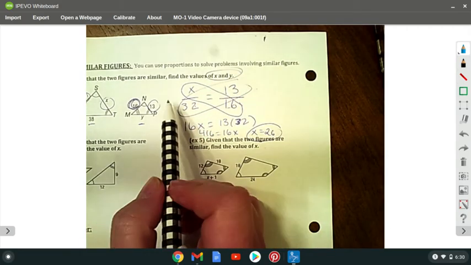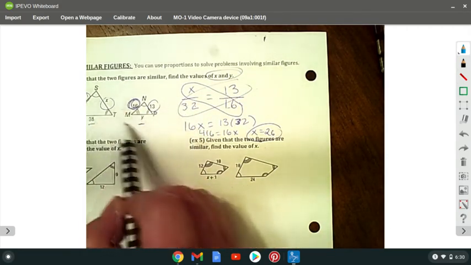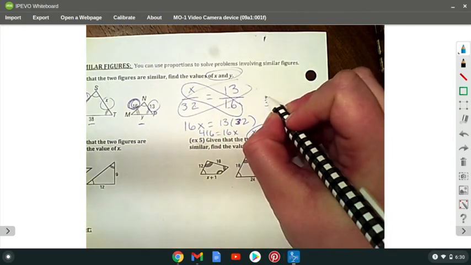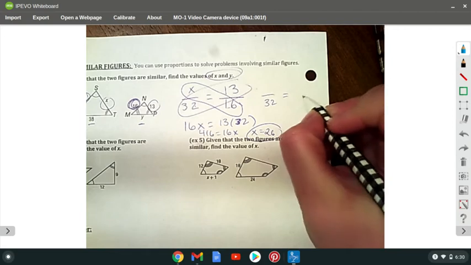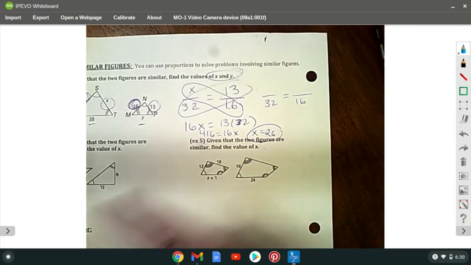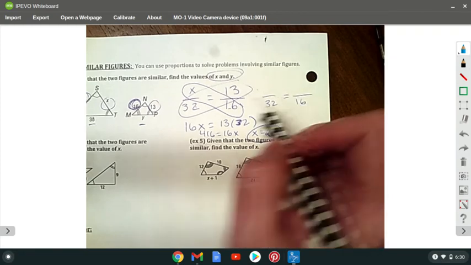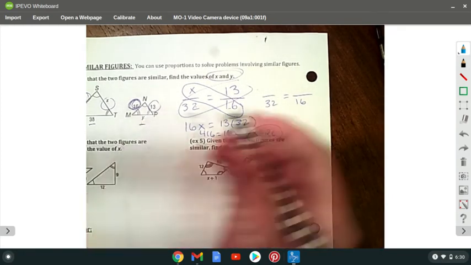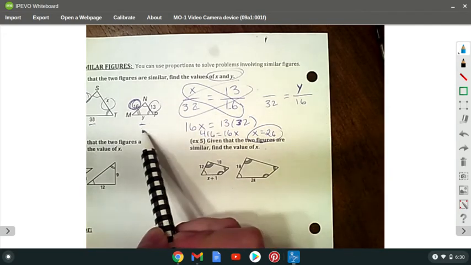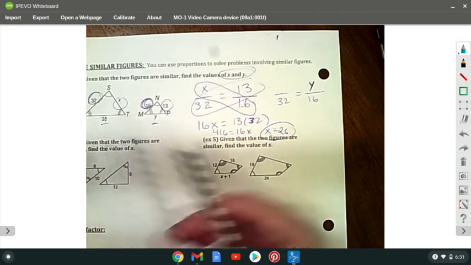So I still have to set up a proportion to find y. Now I can use that same thing I used over here. I can still have that 32 and 16 down here. But now on the top, I want to deal with y. So y is in the triangle with 16, so I'm going to put it on top of the 16. And then the side similar to y was 38.